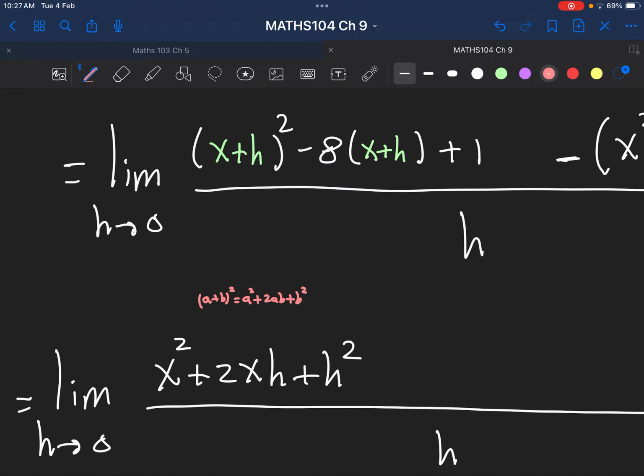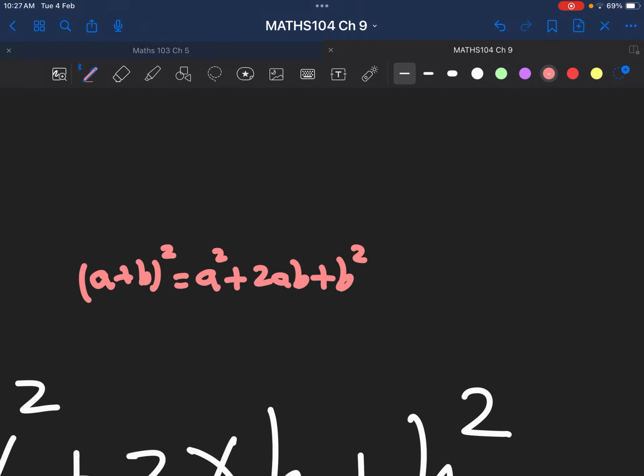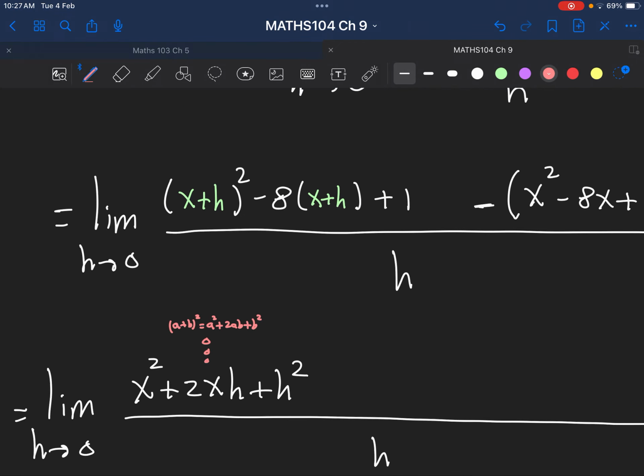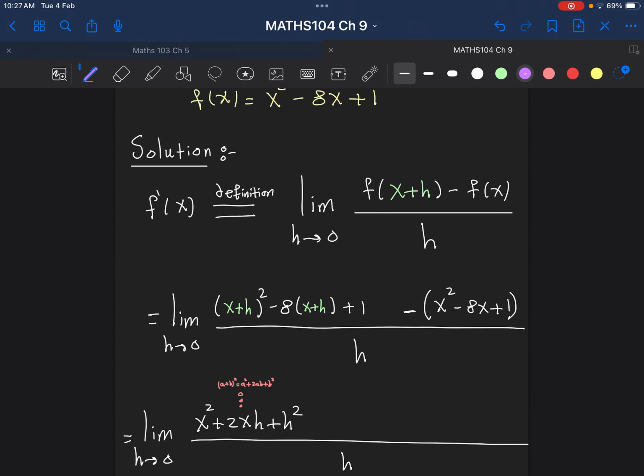This is the formula how to expand the square. That's how we do it. Next step, I have -8. I will take it inside. So I will get -8x, -8h. I have a +1. I keep it. I don't do anything with the +1.